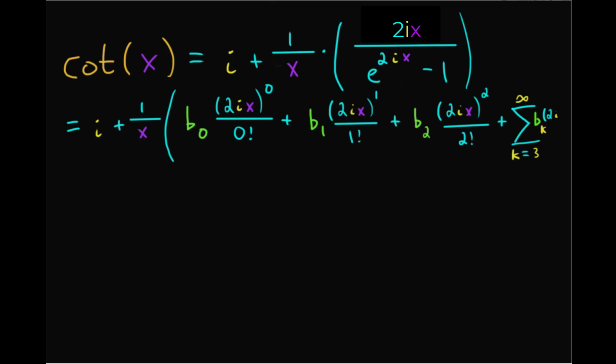So indexed from k equals 3 to infinity of b sub k times the quantity 2ix to the kth power over k factorial.